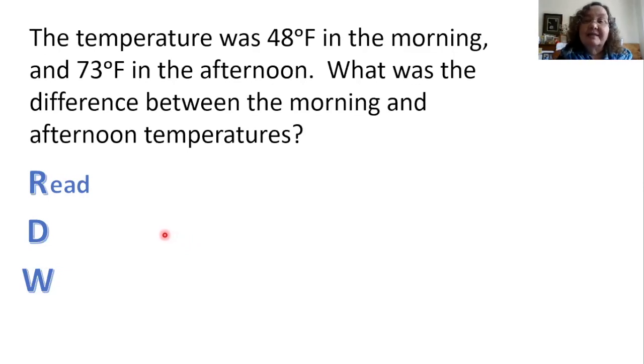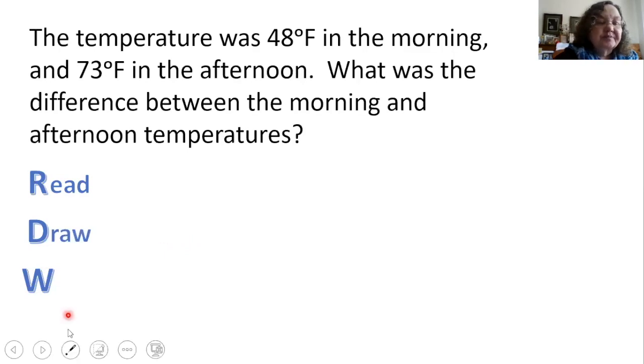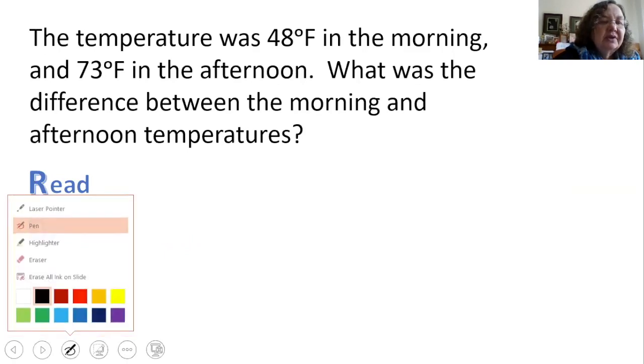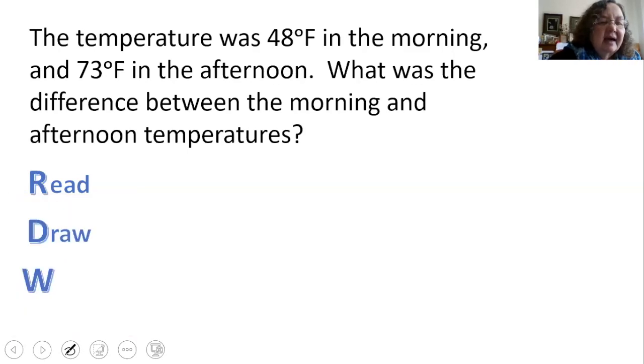So the second step is D, which means to draw. And so I'm going to change to the pen, and I'm going to make a vertical thermometer.